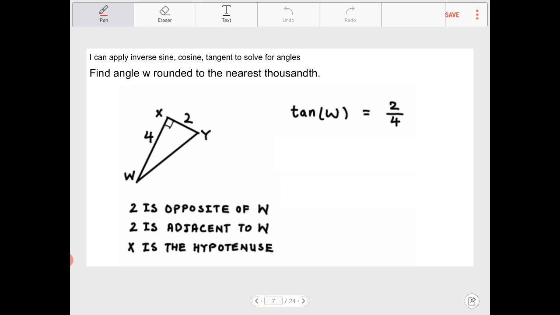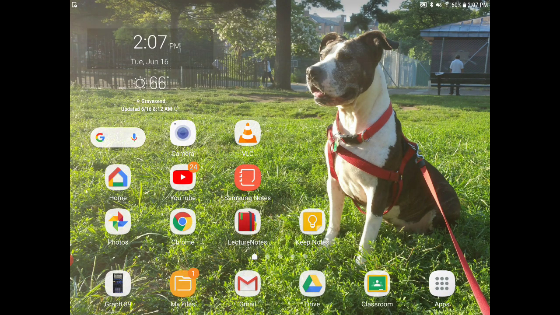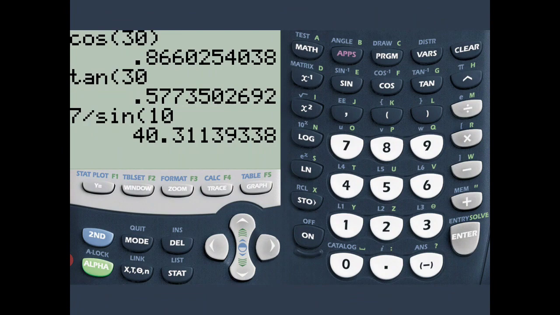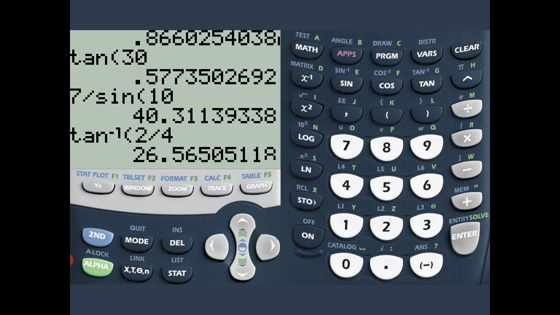That's nothing new. What is new is we can apply the arc tangent, or inverse tangent, function to figure out what W is. So W is equal to arctangent of 2 over 4, and we would punch this into the calculator. To get the arc trig function, you press second and then tangent, then punch in 2 over 4 and enter.